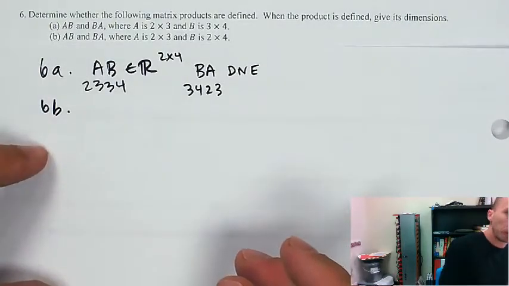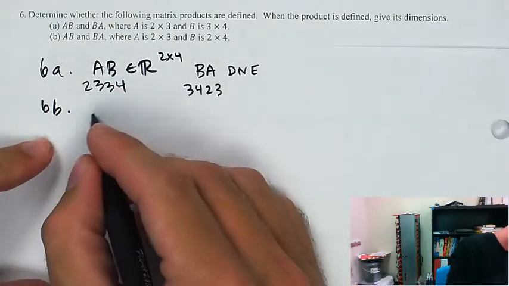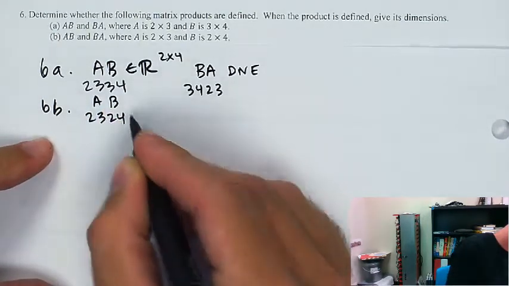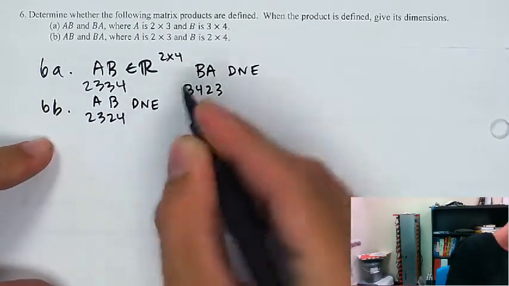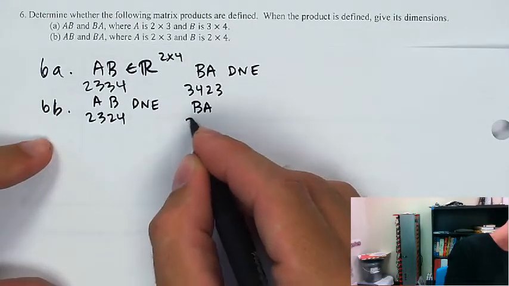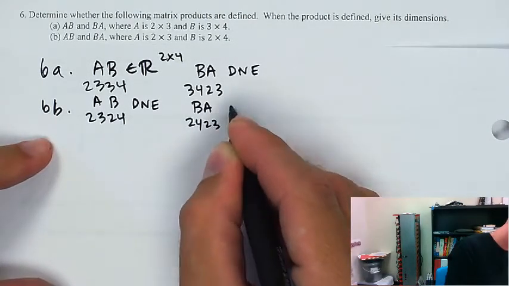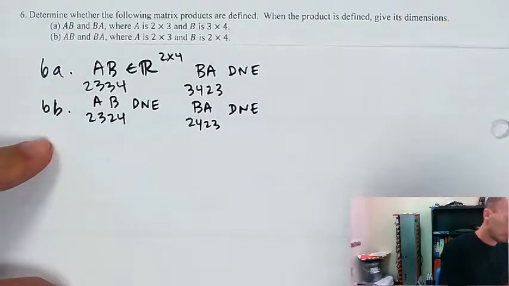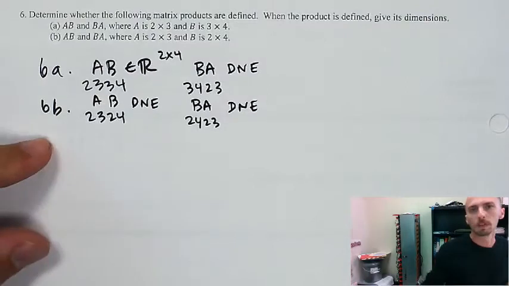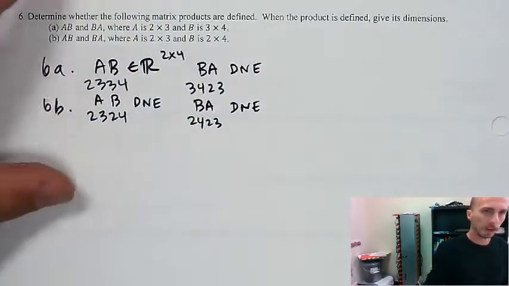Okay, AB and BA, where A is 2 by 3 and B is 2 by 4. Okay, D and E. BA is B is 2 by 4, A is 2 by 3. That also doesn't exist. Yeah, you would need to transpose one of these in order for these products to be defined.